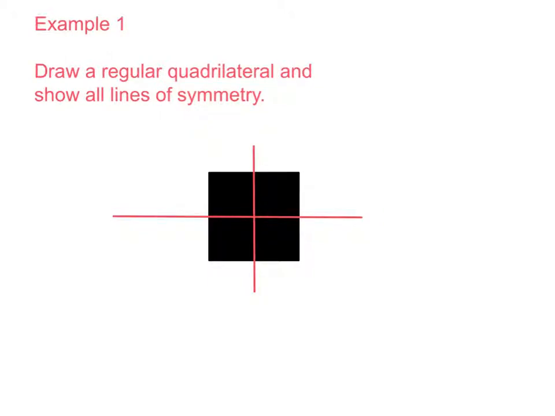However, there are a few more. There's actually two more lines of symmetry that we can use when we're talking about a regular quadrilateral. Here would be another, going straight through the vertexes, or the vertices. There's one, and then the last one is just like that, except it's going to go the other way.